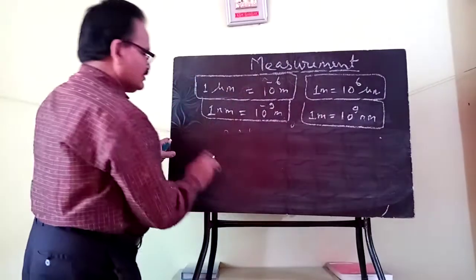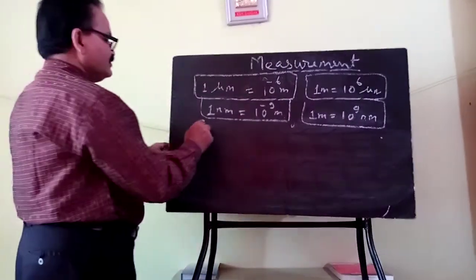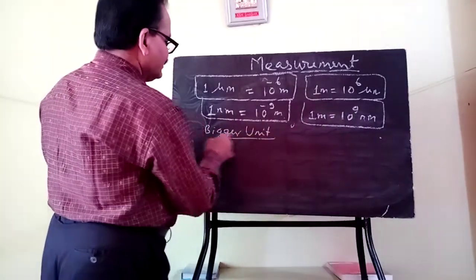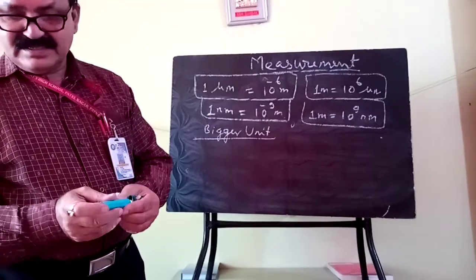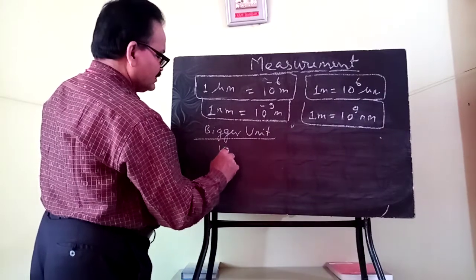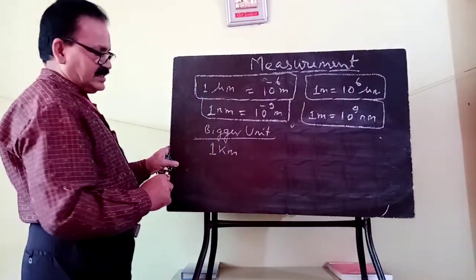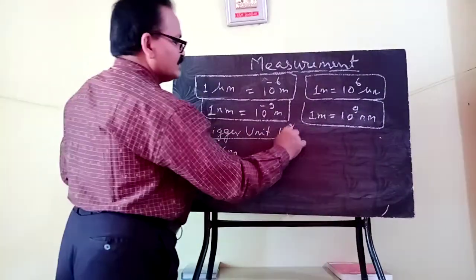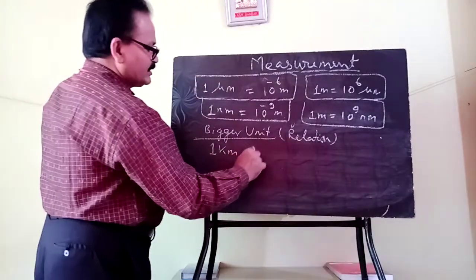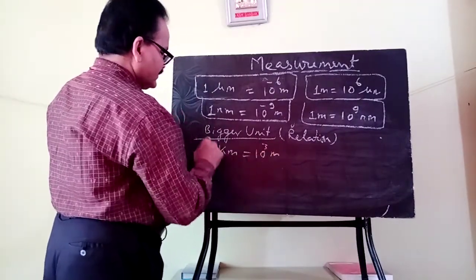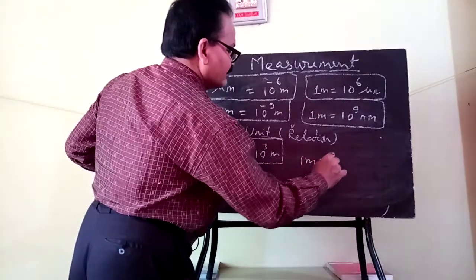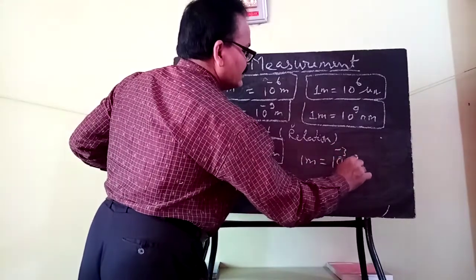Another, if we will see the relation between the bigger units. The bigger unit is your kilometer. 1 kilometer means 10 to the power 3 meter, and 1 meter equals 10 to the power minus 3 kilometer.